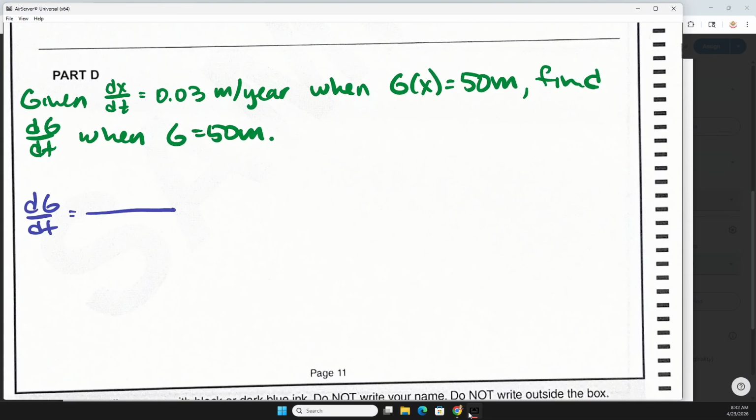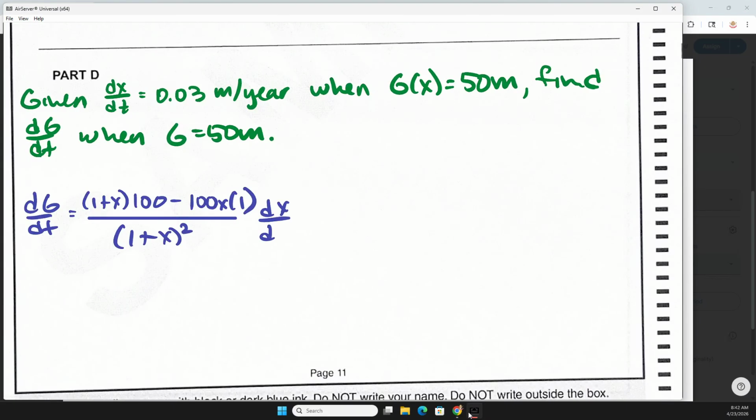And so to find that derivative, we're going to do the quotient rule. So it's going to be low d high minus high d low over low squared. And then because I was finding the derivative with respect to time, I have to do a dx dt.